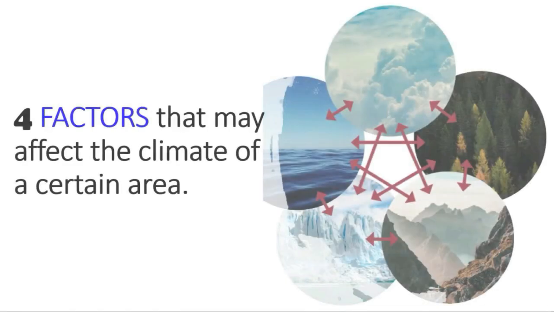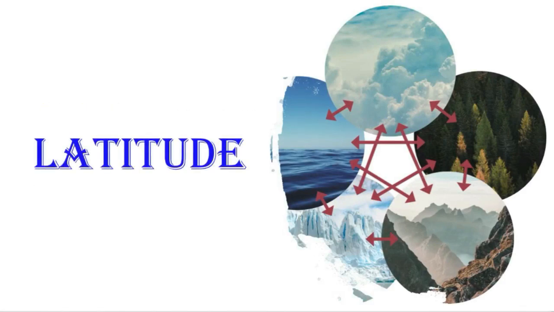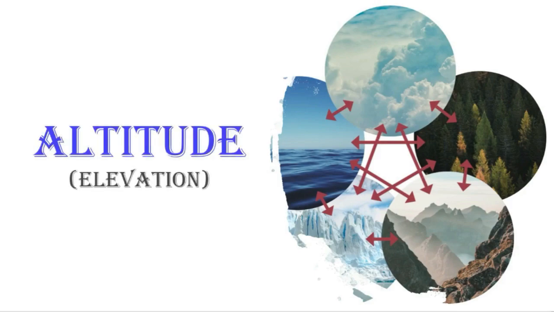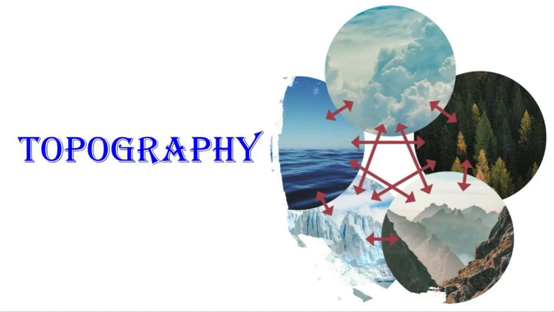There are 4 factors that may affect the climate of a certain area. And these are, number 1, latitude. Number 2, altitude or elevation. Number 3, proximity to water. And the last is topography.